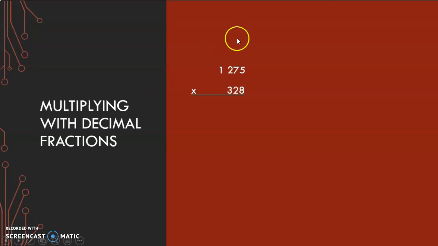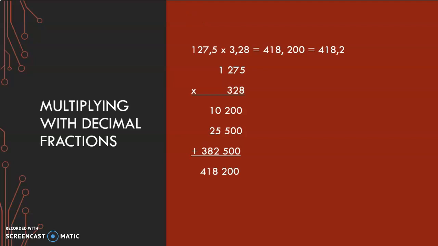For instance, I have 127,5 times 3,28. I take away my commas. So this will become 1,275 times 328.